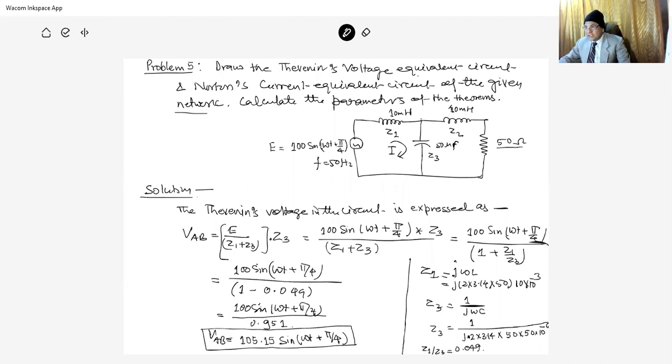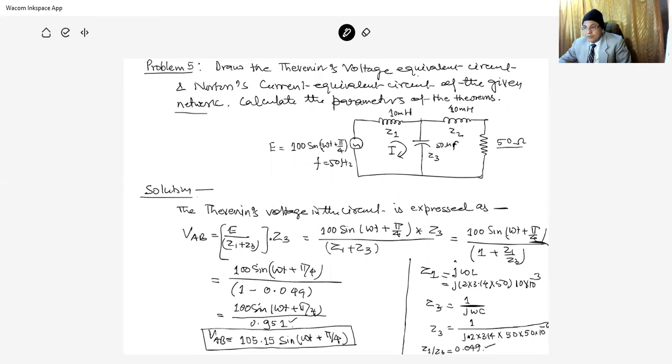So Z1 by Z3, after solving, we'll get this value as 4.049. Substituting this value 0.049, this value is Z square and this Z square will be cancelled, giving minus 1 minus 0.049, which is nothing but 0.951.